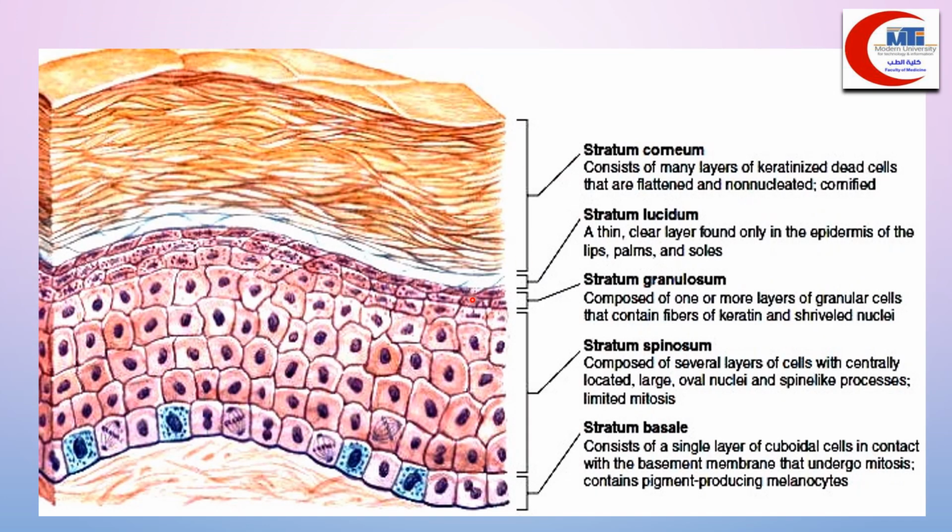Okay, let's briefly summarize the layers of the epidermis. The epidermis is formed of five layers with keratinocytes. The first layer, at the base, is the stratum basale or basal cell layer, formed of a single layer of columnar cells resting on the basement membrane with basal oval nuclei.